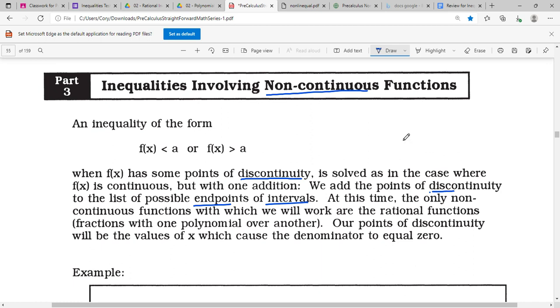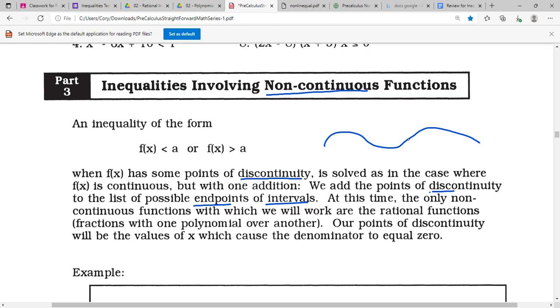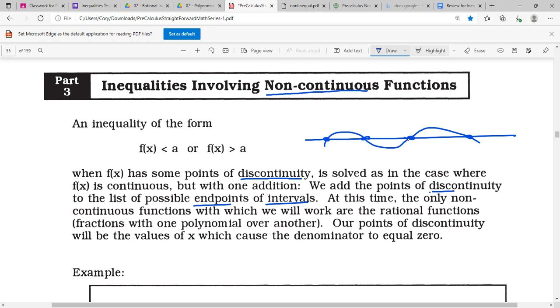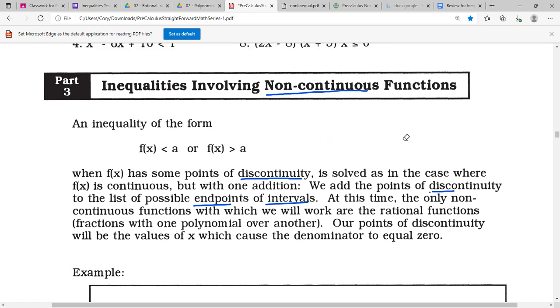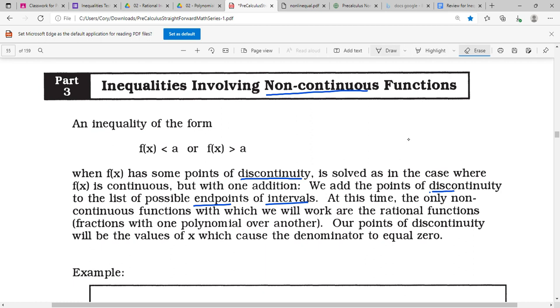Generally, when we have a continuous function, and let's say here's our zero line, we're going to look at this as an interval, from here to here is an interval, from there to there is an interval. But if we have one that has discontinuity, that means some breaks in the function, right? So let's say here's our line, and we've got one that goes like that, and then another one.